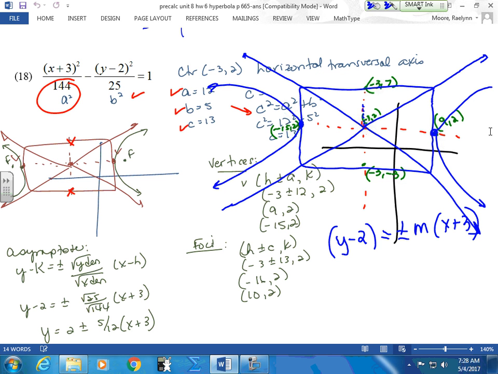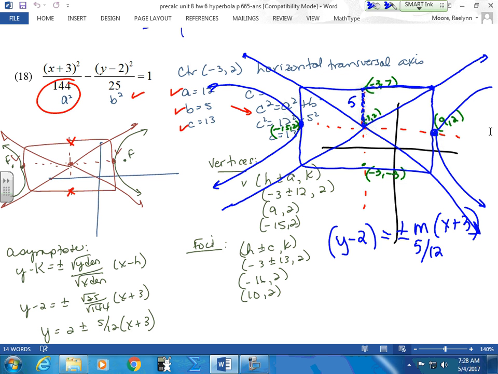How far was this? From 2 to 7, how far was this? 5. I went up 5. I went over how far? 12. That's it. So whatever is underneath the y, take the square root. There's my 5. Whichever is underneath the x, take the square root. There's my 12.